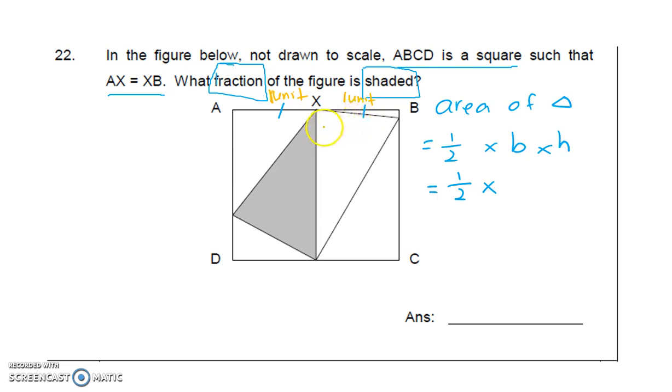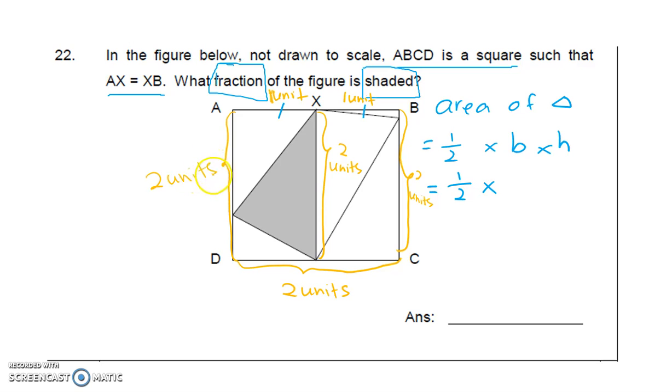Which also can tell me that AB, this whole thing, is actually 2 units, which means TC here is actually 2 units. Same as here, also 2 units, and this is also 2 units. Following so far? That means this is also 2 units.